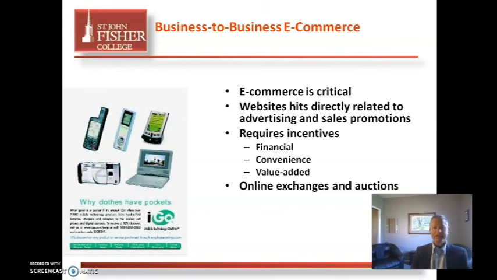So suppliers and customers and suppliers of suppliers are all on the same servers, using the same e-commerce server to understand where the inventory is and how much inventory is out there, in order to make shipping and the customer experience better, and to make sure that customers are getting their products in a timely fashion. So anymore, it's going beyond business to business e-commerce, and is almost vertically integrated through computer systems.